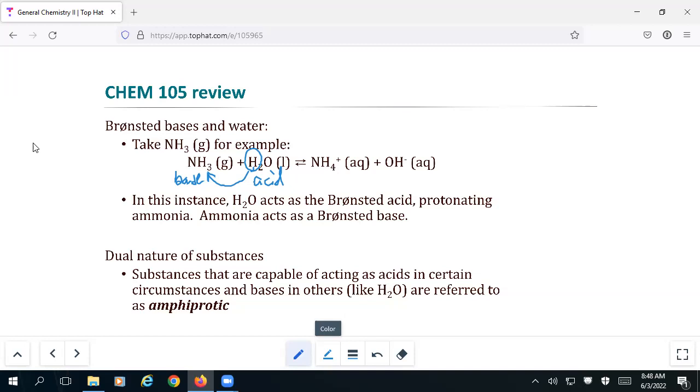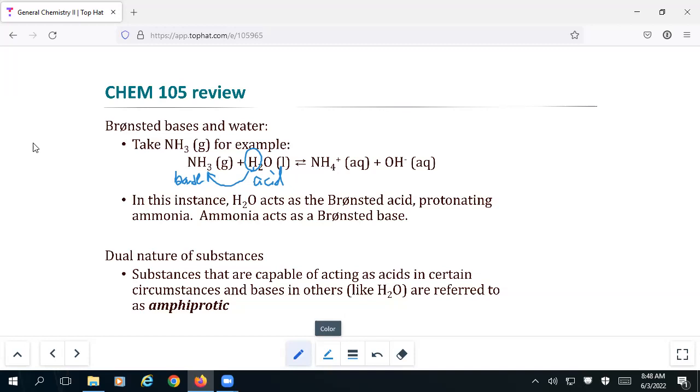But what we also would see under this theory is that there are certain substances that are actually capable of acting as acid or as base, depending upon their situation. I put water with a substance that is more acidic, the water acts like a base.